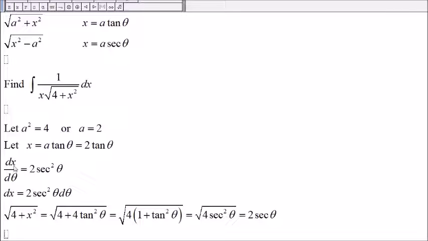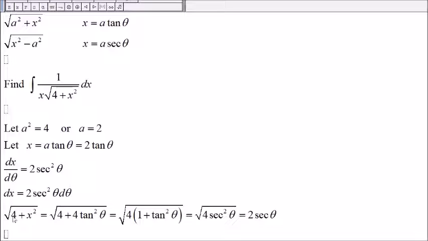So the derivative of tangent of theta will be secant squared of theta. So we have dx is equal to 2 times secant squared of theta d theta.